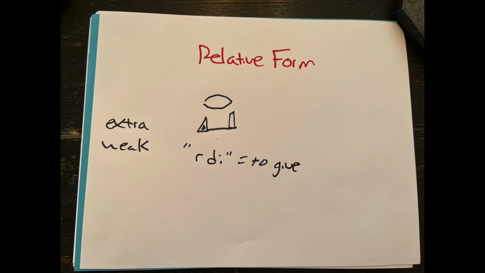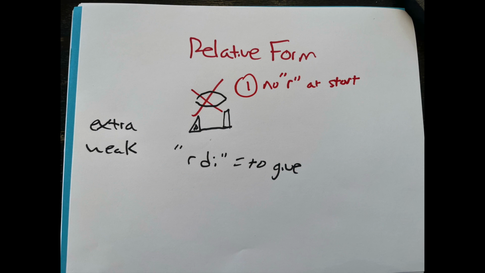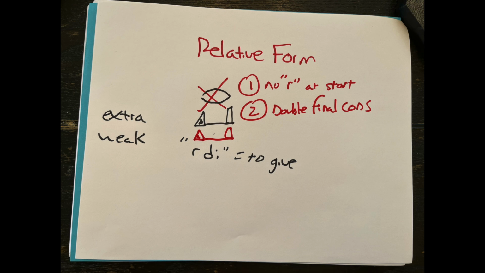Extra weak verbs. Well, it's not going to be too much of a guessing game here. Same kind of premise. We're going to add the T. We are going to add our pronoun. We are going to double the consonant, but we're also going to remove that R. You know how in some forms, in extra weak, we lose an R if it's at the beginning? This is one of those. So we've lost the R, we've doubled the final consonant, so now it's just sort of DD, but you don't actually pronounce that.